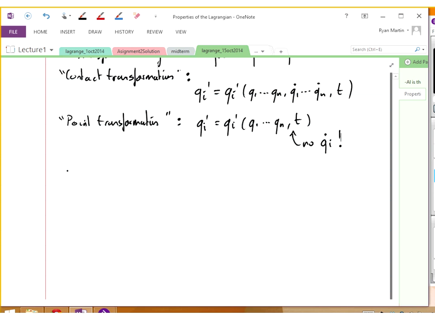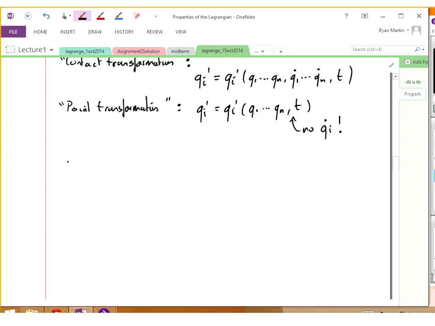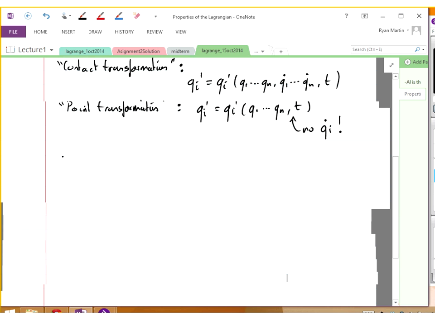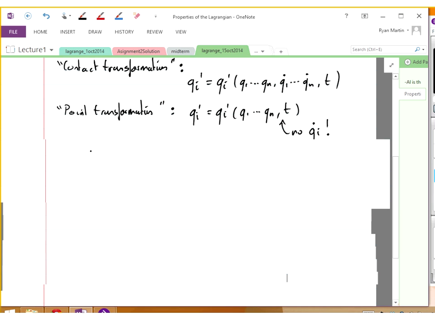So an example of a point transformation is the transformation from Cartesian to polar coordinates.